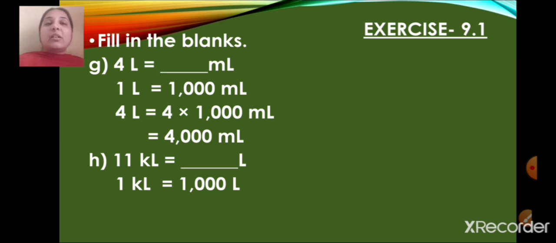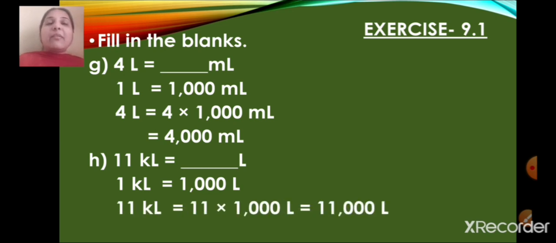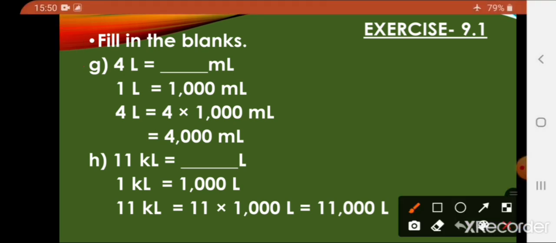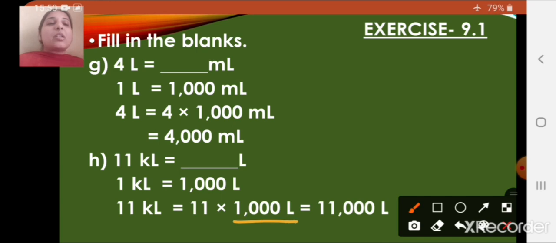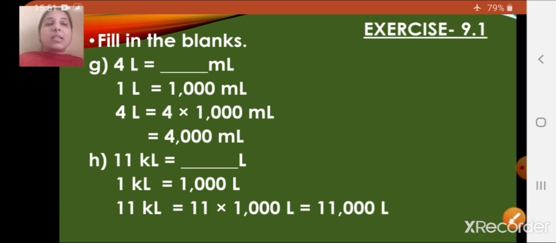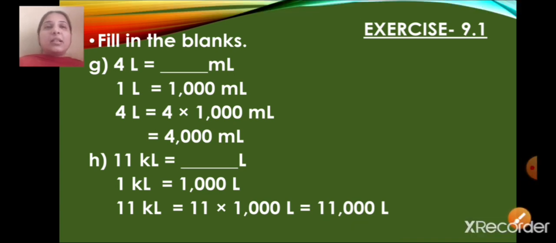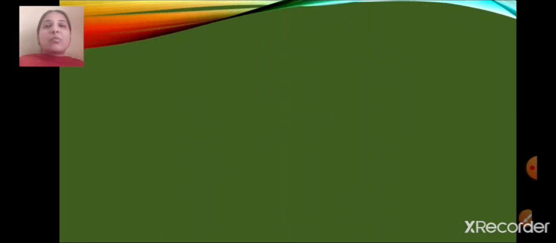So 11 kiloliter would be 11 multiplied by 1000 liters. So we'll get the answer as 11,000 liters. Okay. Now let's move to the next one.